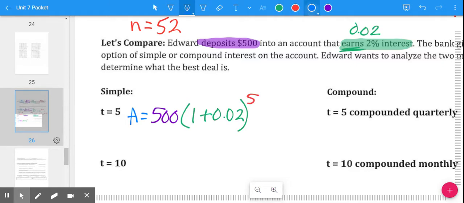So when you plug this into a calculator, you end up with the amount of money equal to $552.04.